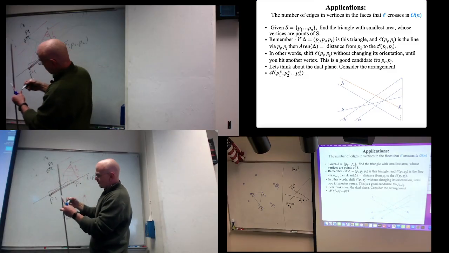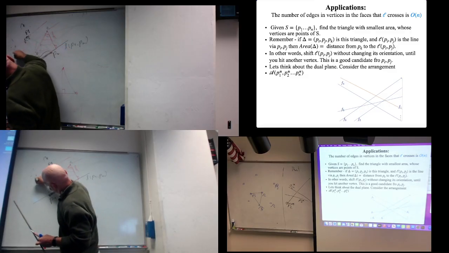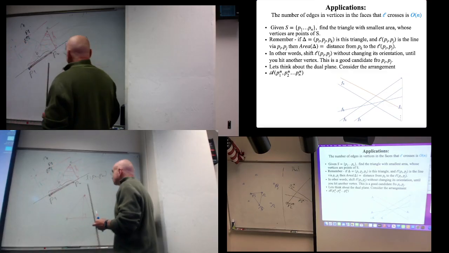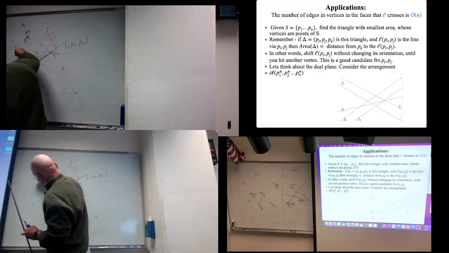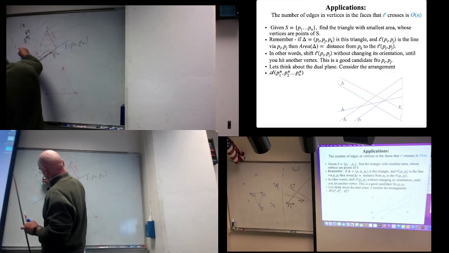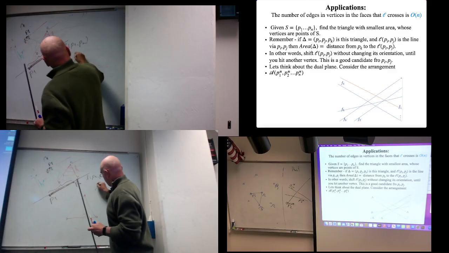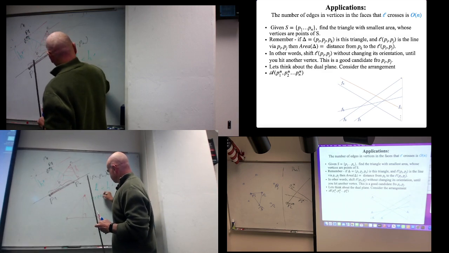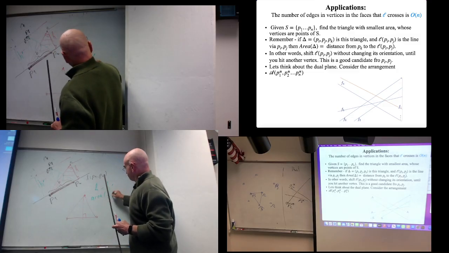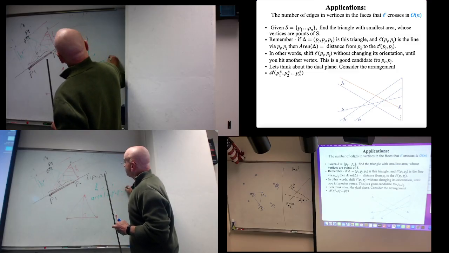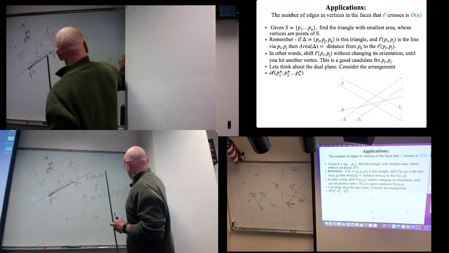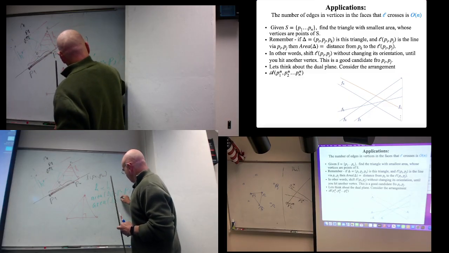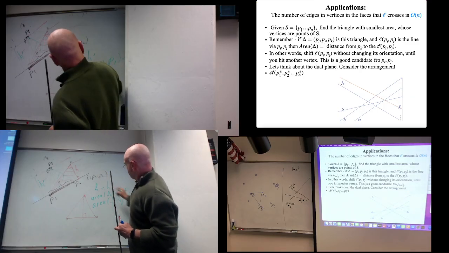If h is smaller than h prime, then the area of the triangle P1, P2, Pj is smaller than the area of the triangle P1, P2, and Pl.